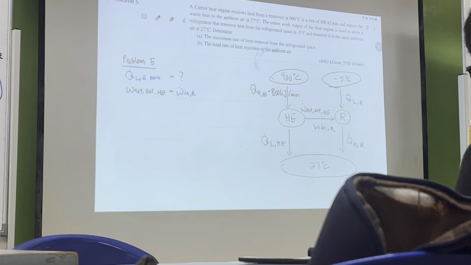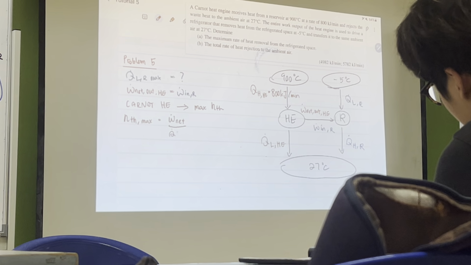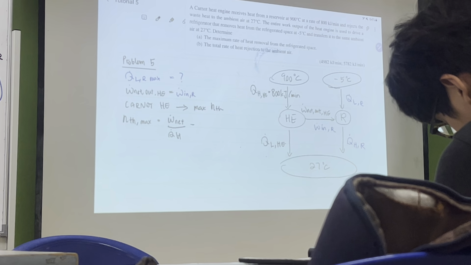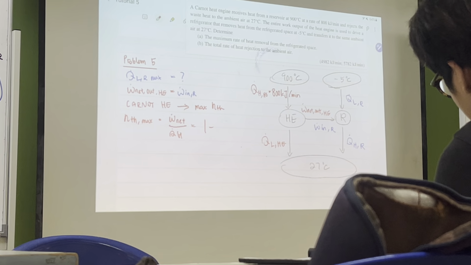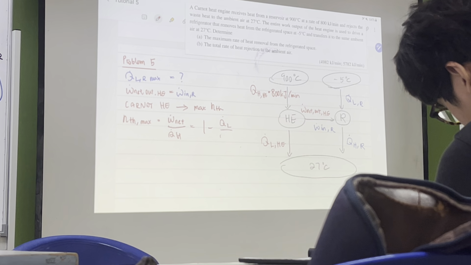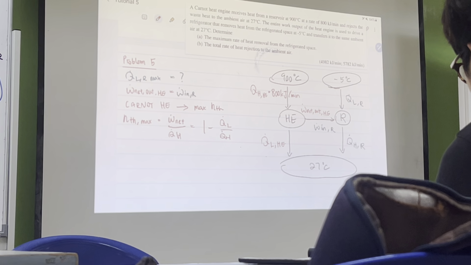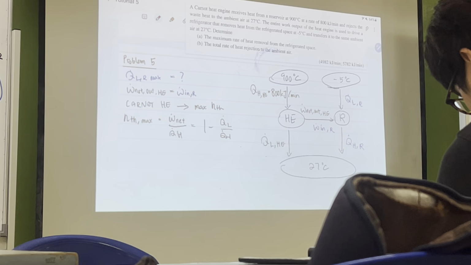And how do you find the maximum thermal efficiency? Like I said, don't memorize. The general equation is basically just this, or QH, whichever one. This is equal to 1 minus QL over QH.